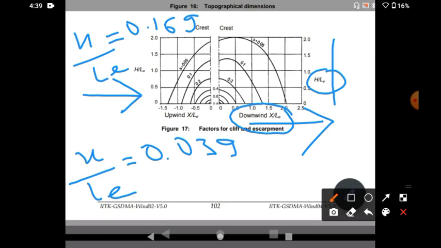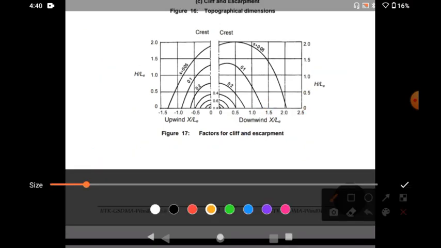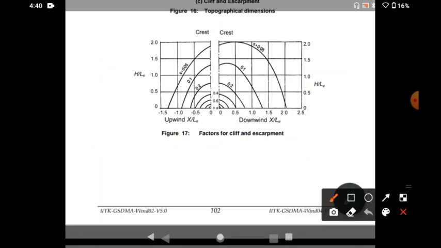Okay, so here you can see the X by LE ratio, that is on the downward side. The X by LE ratio, that is 0.039, will lie nearly here, and the ratio of H by LE, that is 0.169, will also lie somewhere here. Okay, so here we would be finding the value, that is S.